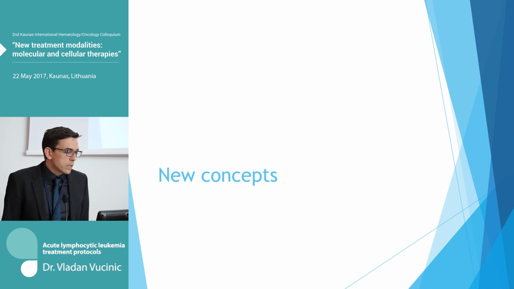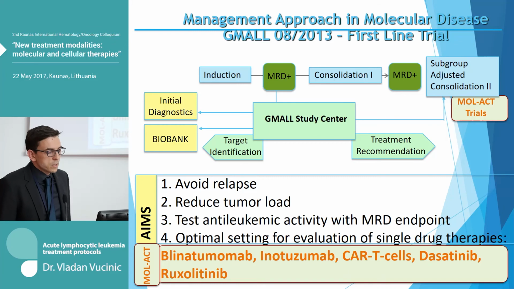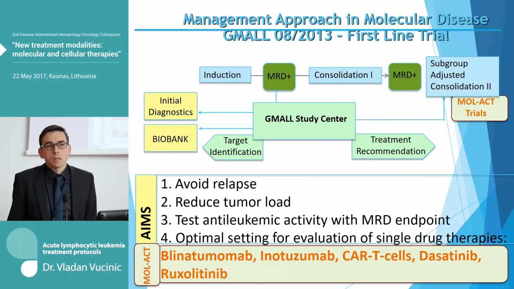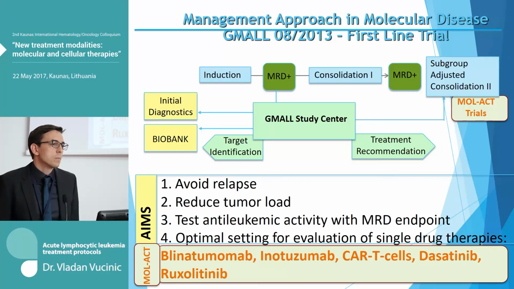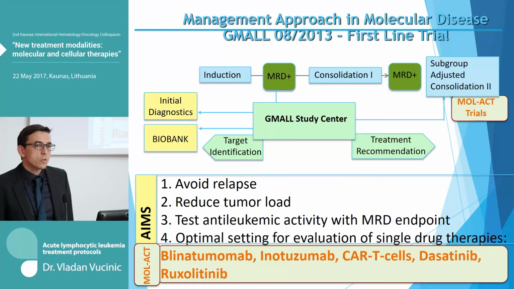So I've been talking about the diagnostics. I've been talking about standard treatment. I was talking about relapsed patients, about strategies, how to define and how to manage minimal residual disease or relapse.